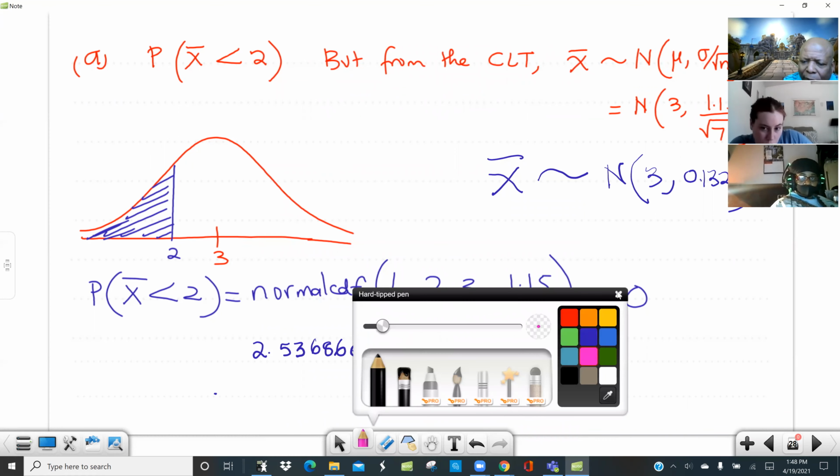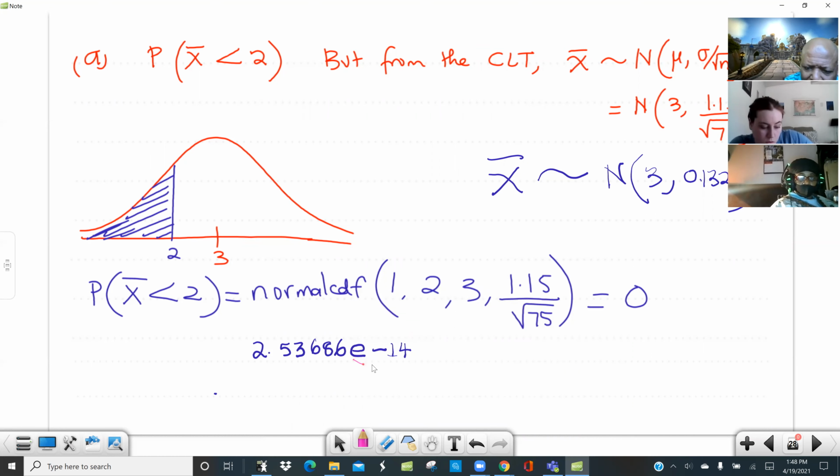This is what we call scientific notation. This addendum here, this number was so small that it couldn't fit on that calculator. They wrote it in what we call scientific notation. This E-14 means move this decimal point to the left 14 locations.